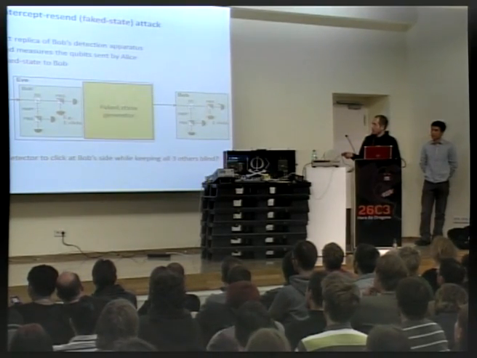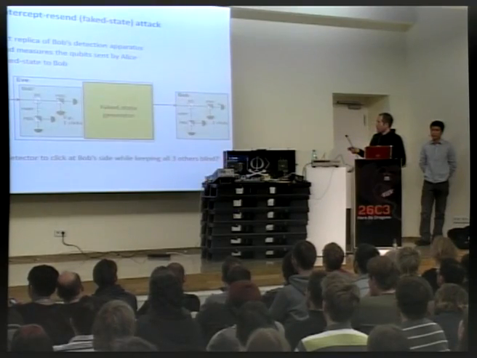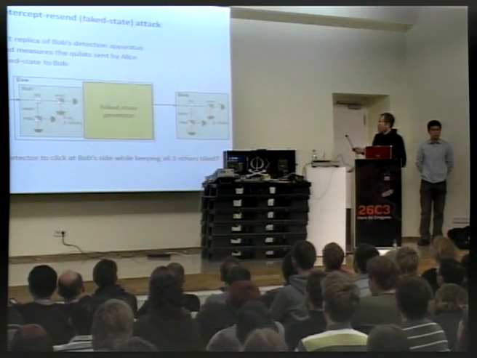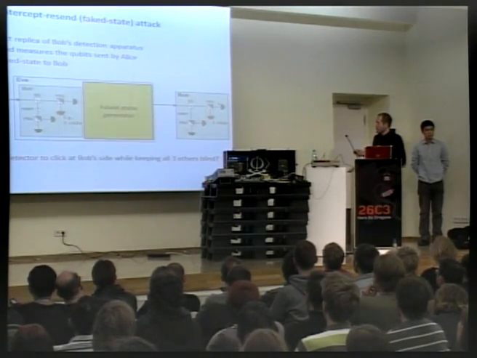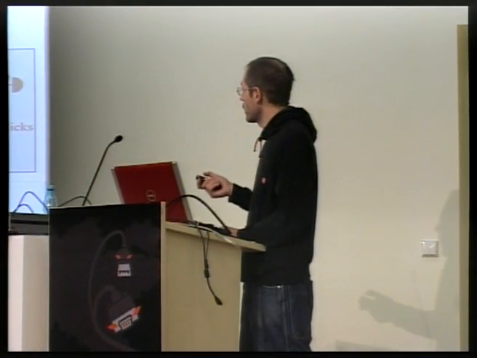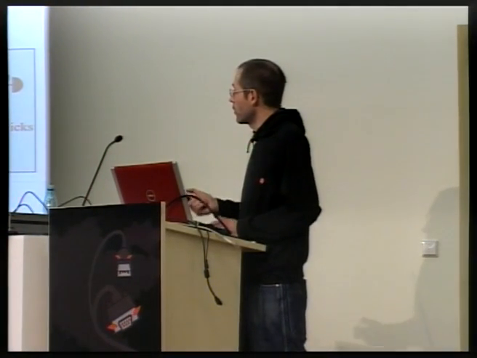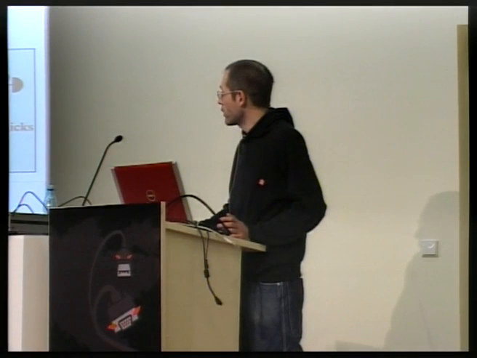And then Eve has a fake state generator with which she sends a fake state which ideally should address the exact same detector at Bob's side, while keeping the three other detectors completely blind. So is it possible? Well, if you listen to quantum mechanics, the answer is no, because of the no-cloning theorem. But there are ways around.